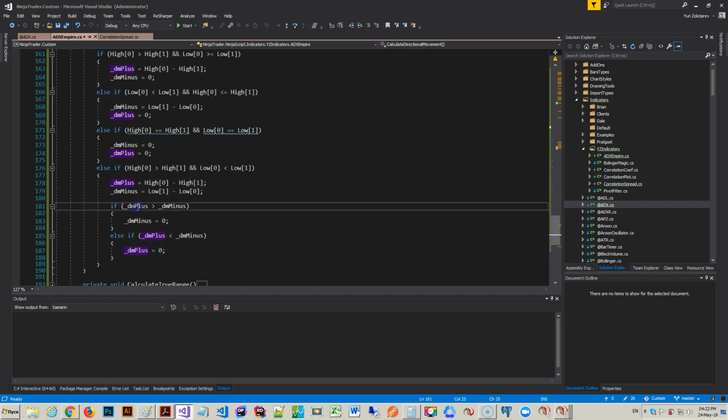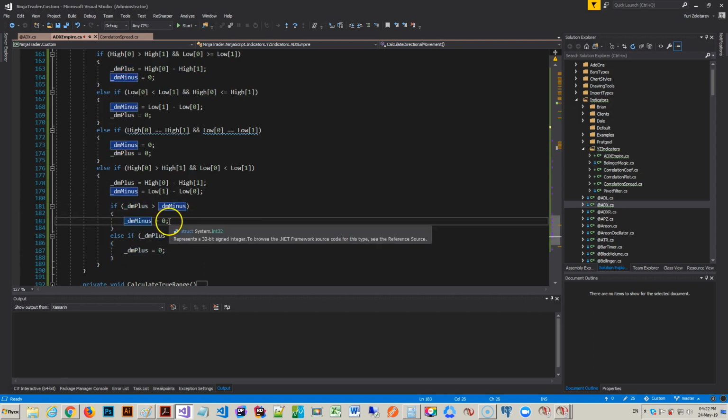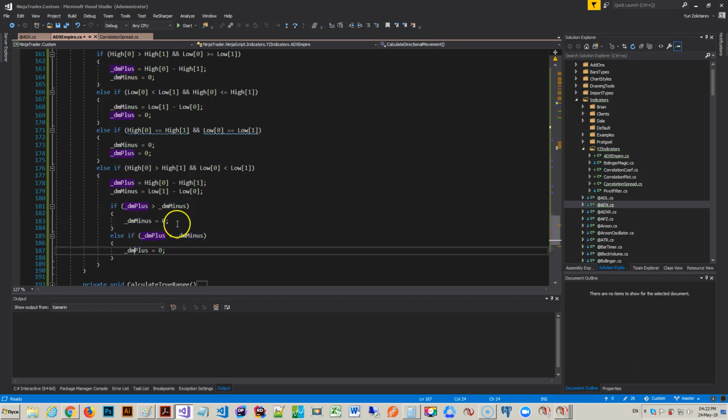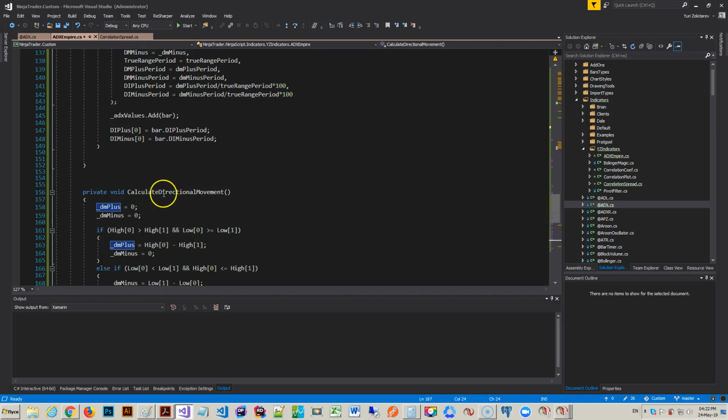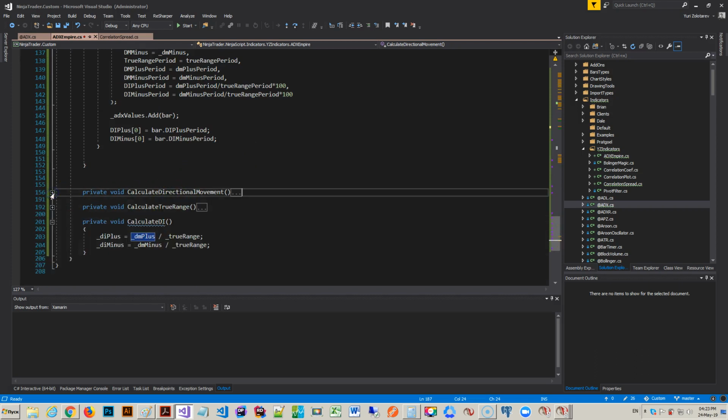If dm plus is bigger than dm minus, then dm minus equals 0. If it's the other way around, then dm plus equals 0. That's how you calculate dm.